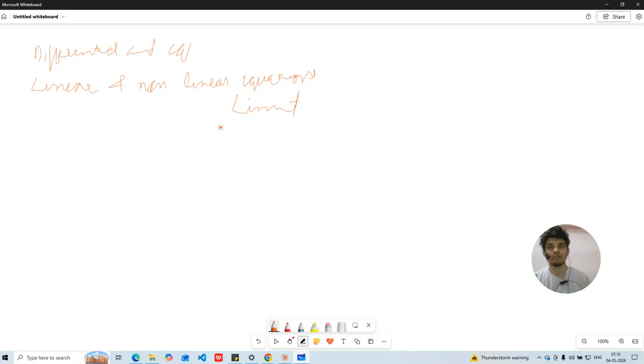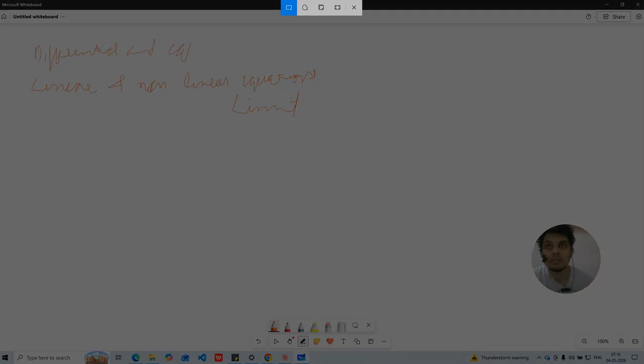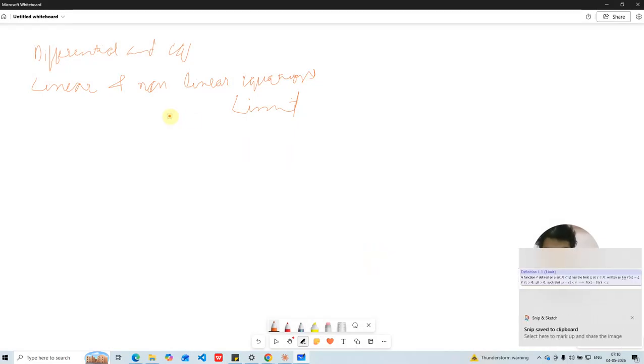A function f defined on a set x belonging to R has a limit L at c belonging to x, written as limit x tends to c of f(x) is equal to L, such that for epsilon greater than 0 and at epsilon. So we'll do a quick Google search, and I'm going to paste the definition over here so that you can see it.